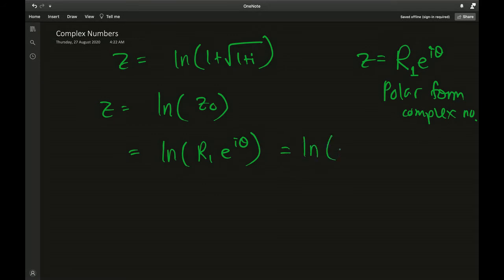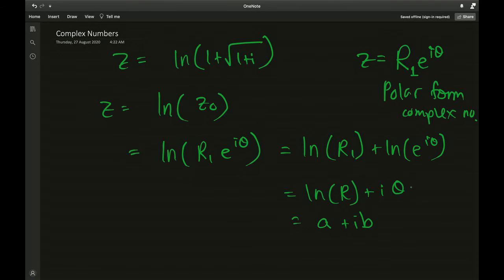Using log properties, that is natural log of r1 plus natural log of e to the i theta, which is natural log of r1 plus i times theta. And this is actually of the form a plus ib, where b is theta and a is natural log of r1. Although we have a natural log, r1 is a constant, so natural log of r1 is a constant which is real, a. Both of these guys are real.